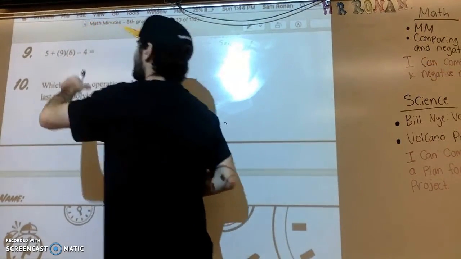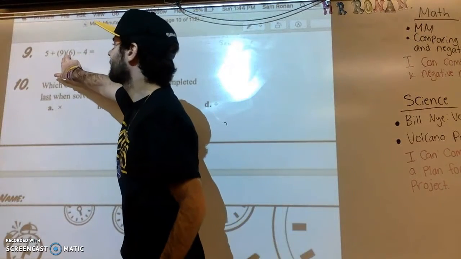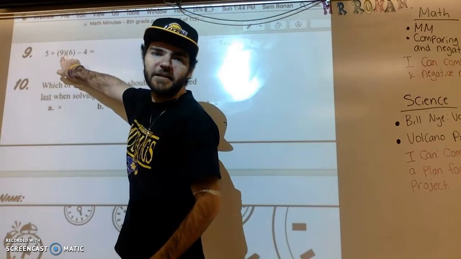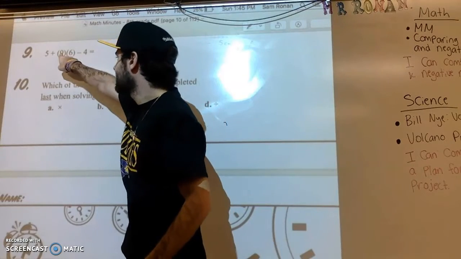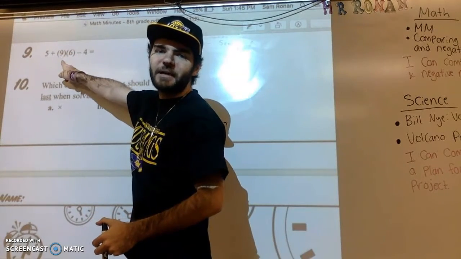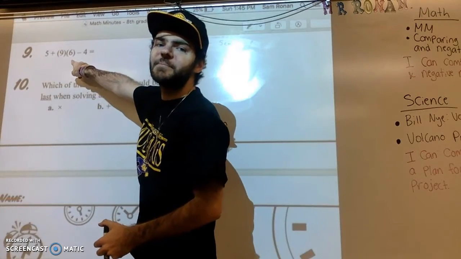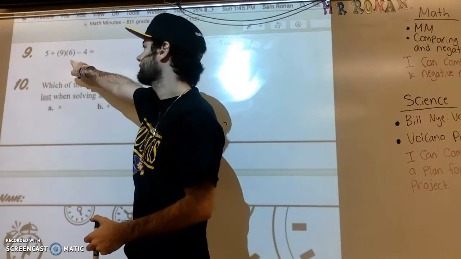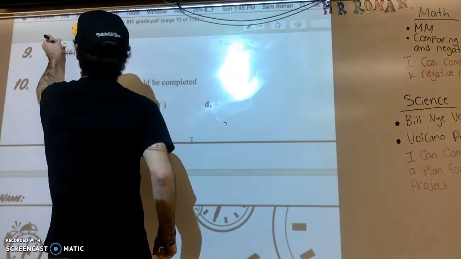And when I say take care of parentheses, just because they're in parentheses, we wouldn't take care of this before exponents. Okay? When these numbers are right next to each other, and each of them has parentheses around them, that means multiply. The reason we're doing this first is because this means multiplication, not because there's parentheses. All right, so 9 times 6, that's 54.